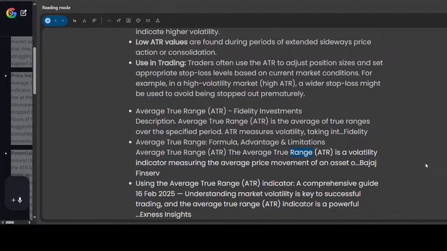The average true range (ATR) is a volatility indicator measuring the average price movement of an asset. Bajaj Finserv. Using the average true range (ATR) indicator, a comprehensive guide. The 16th of February 2025. Understanding market volatility is key to successful trading, and the average true range (ATR) indicator is a powerful tool. Exness Insights.